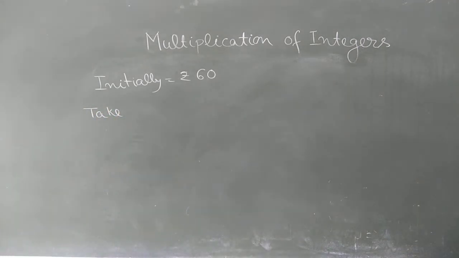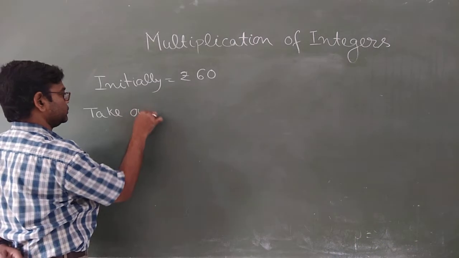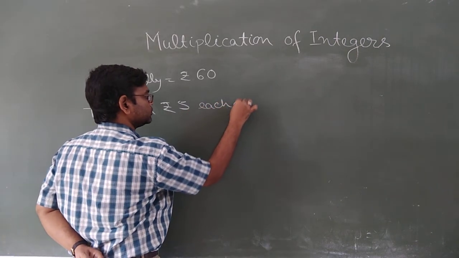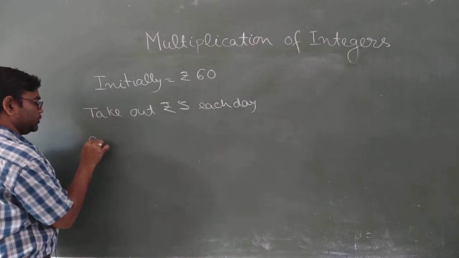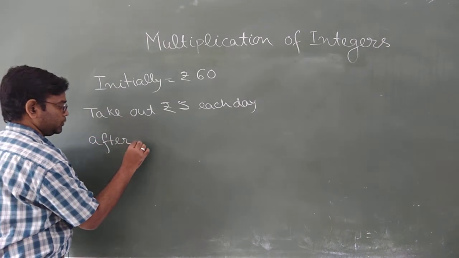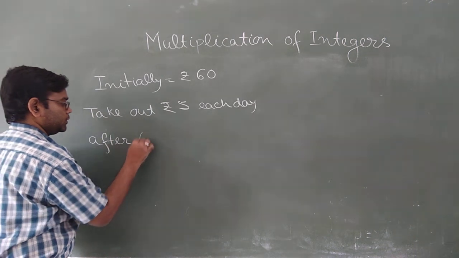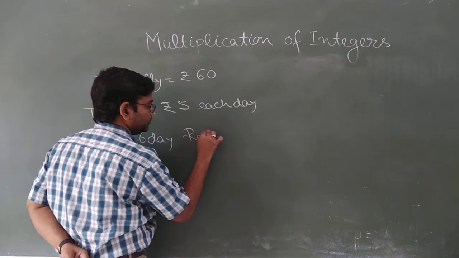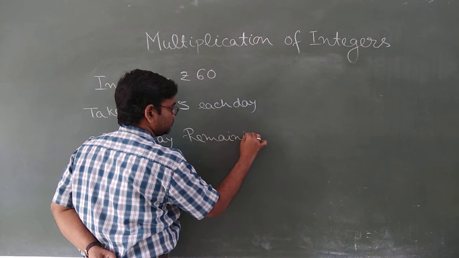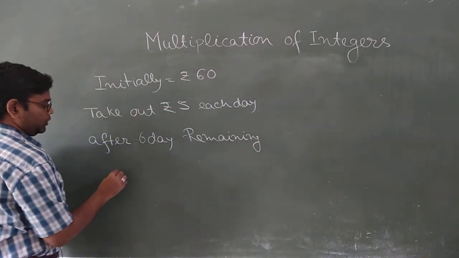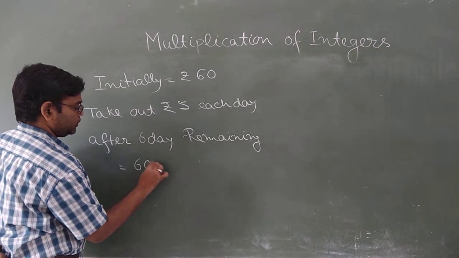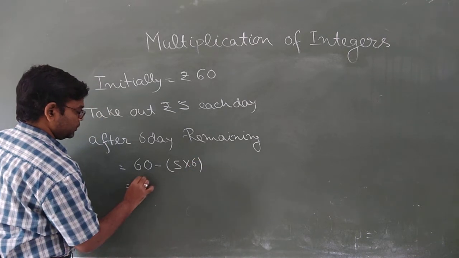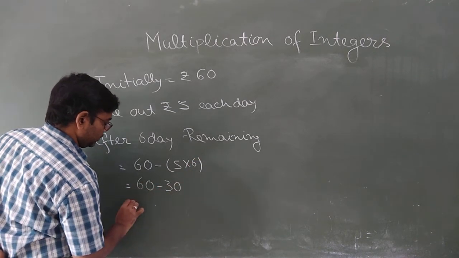It says take out rupees 5 each day. So after 6 days, the remaining amount equals 60 minus within bracket 5 into 6. It's 60 minus 30, it's 30.